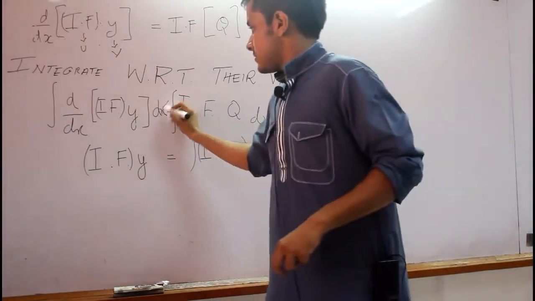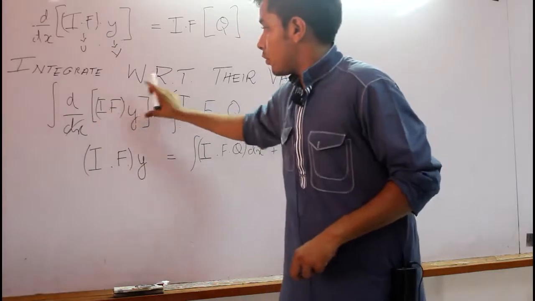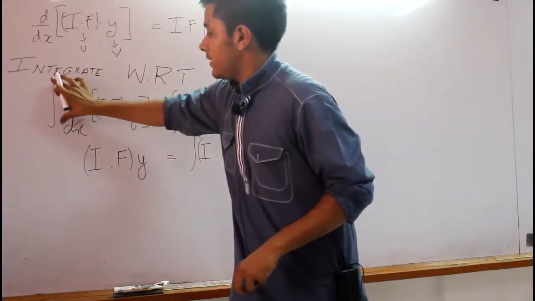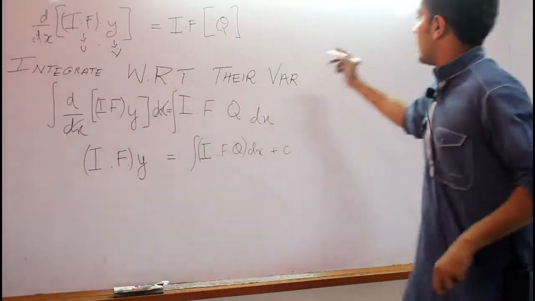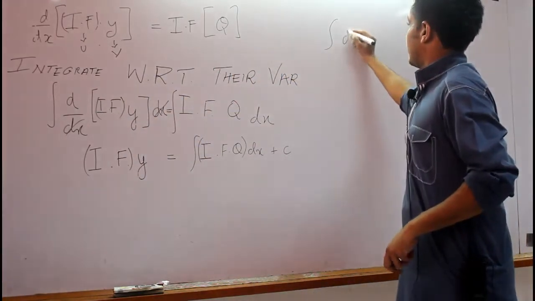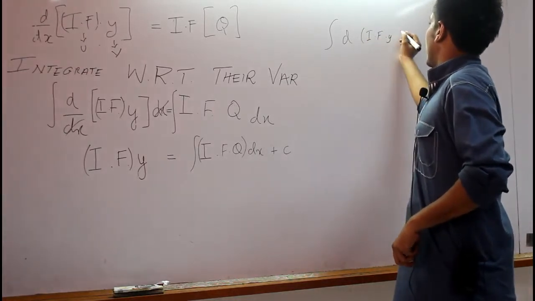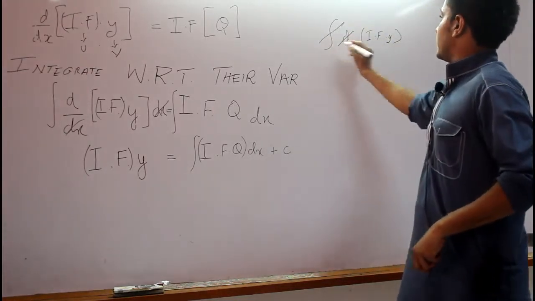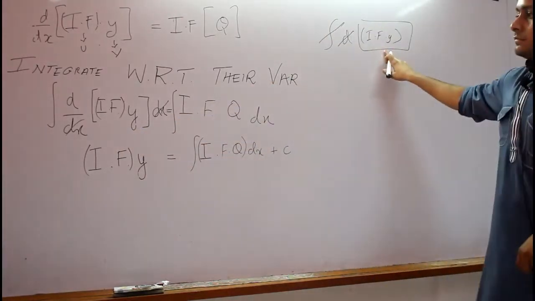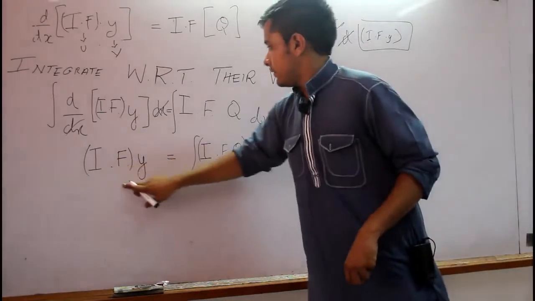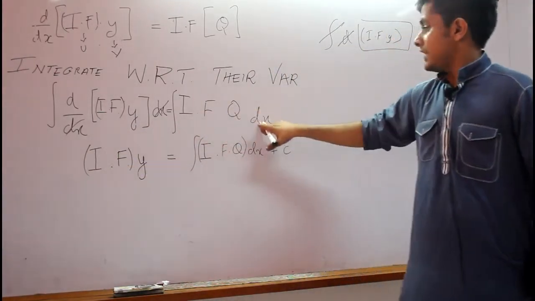This dx cancels out with this dx, and this turned out to be d of integrating factor dot y. And then the integral of d of integrating factor dot y is this. We can have a look here. This cancels out with this integral, and we have the integral of integrating factor dot q dx.